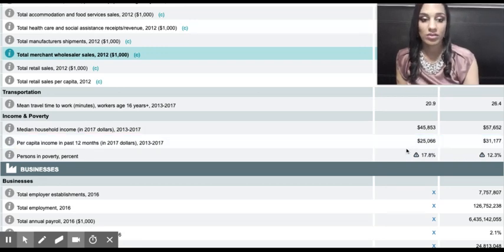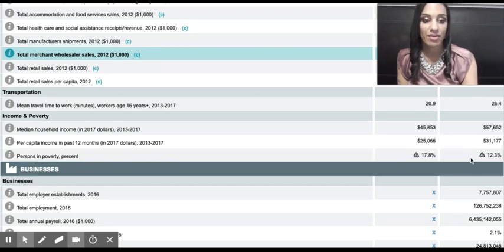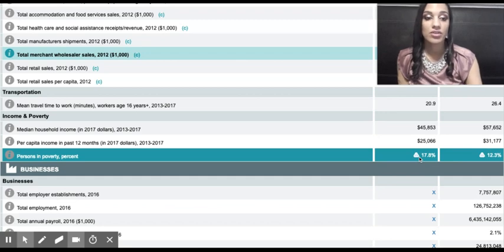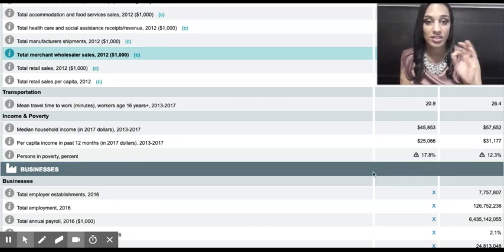So anyway, the percentage you see in persons in poverty is 17% as opposed to the national average of 12. So it's higher. So this again shows me that this is a place where people would need this, because 25,000 is not a lot, and a 17% poverty rate is higher than the nation's average. So these people need education. Okay. So very good statistics for you to pull out to make your case.